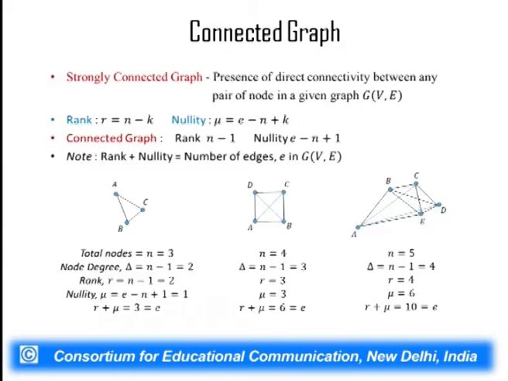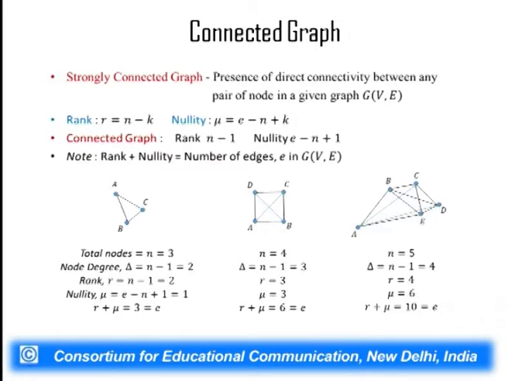Now, one more very interesting interpretation from rank and nullity is that whenever you add the rank and nullity of a given graph, you get the number of edges in it. So in the first figure, if you add the rank R and nullity mu, we get 3, and 3 is the number of edges in the graph.